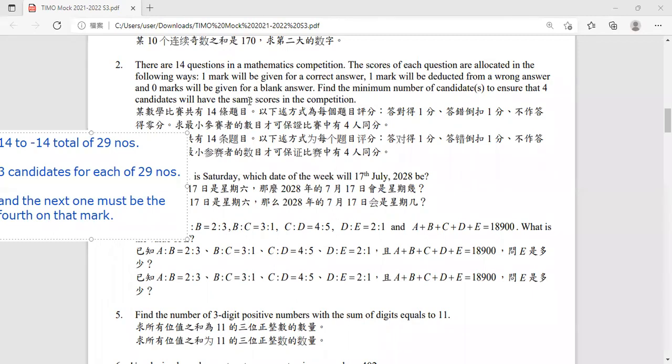If you answer all right, you will get 40 marks. If you get 13 right and 1 blank answer, it will be 30 marks. Just think of this one, and you will find that all the results from 14 to -14 can be obtained. Any more questions?